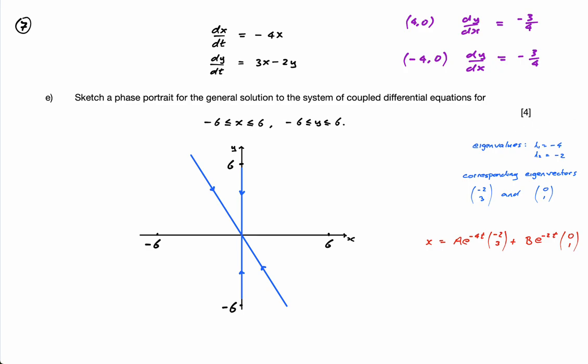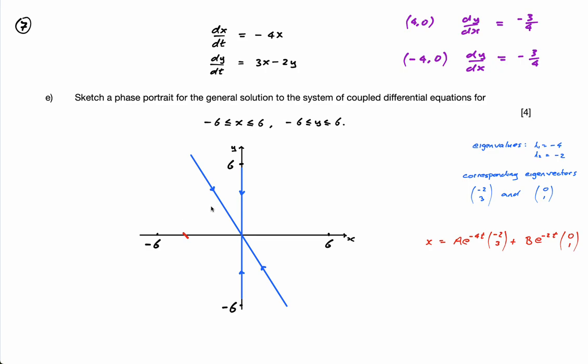The next thing we have to note is that at 4, 0 and -4, 0, the derivatives are -3 over 4. So the derivative at -4, 0, which is approximately here, is going that way. It is approximately something like that.